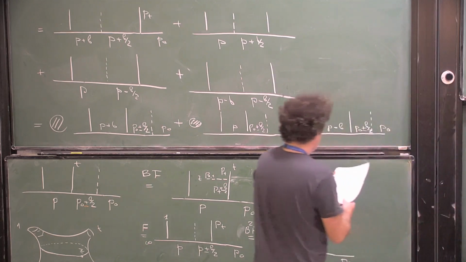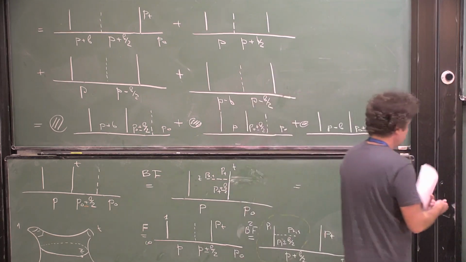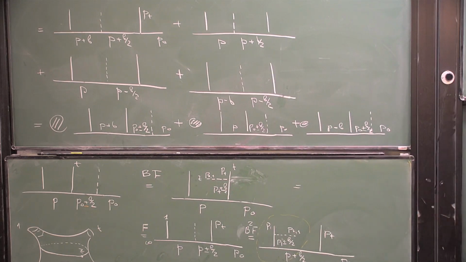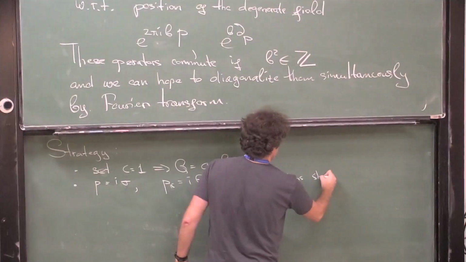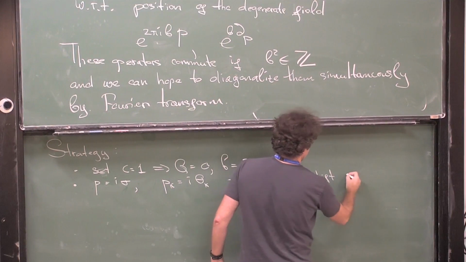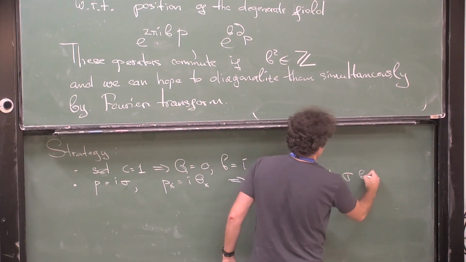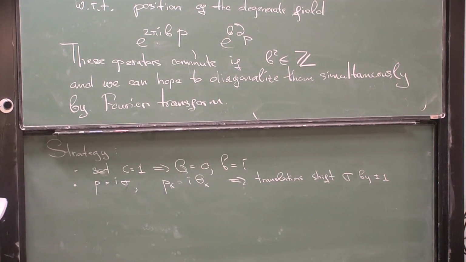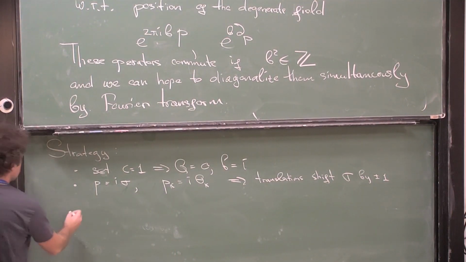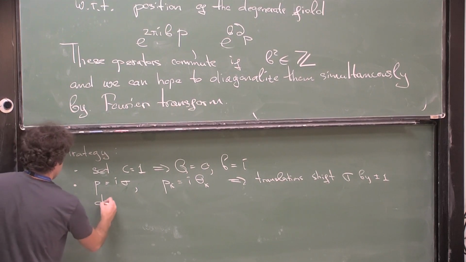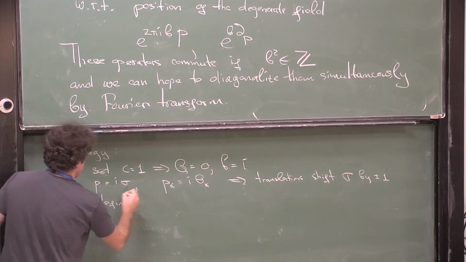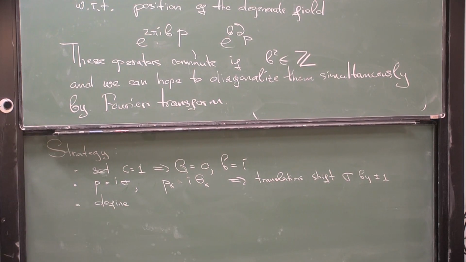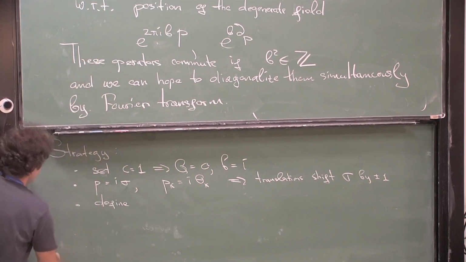And so then, once we have this, the translations shift sigma by plus or minus 1. And so now define a Fourier transform of this formula.